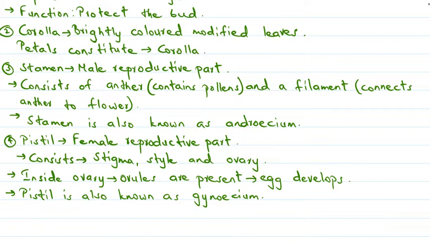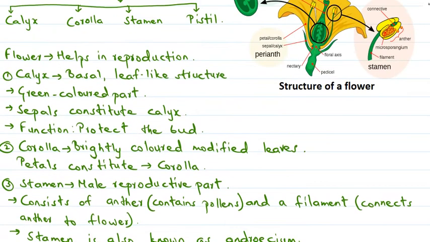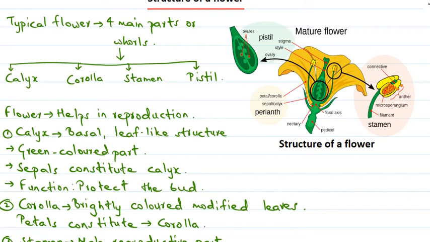Let's now quickly revise what we have covered today. Flowers help in sexual reproduction in plants. A typical flower has four main parts, or whorls: calyx, corolla, stamen and pistil. The main function of a flower is to help in reproduction by providing a mechanism for the union of male and female gametes.